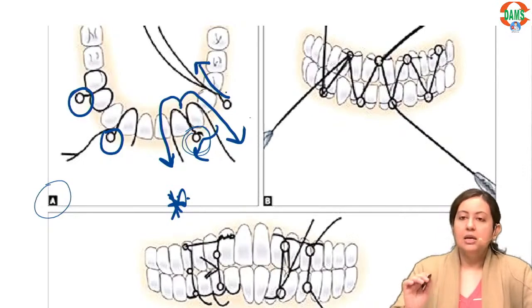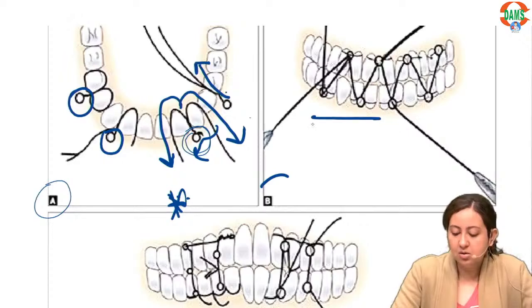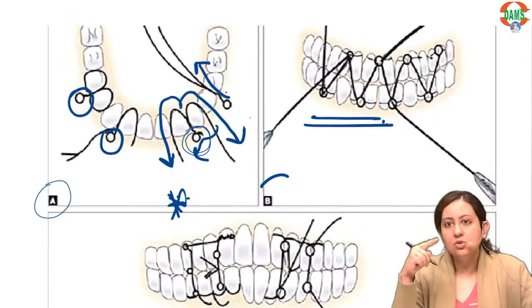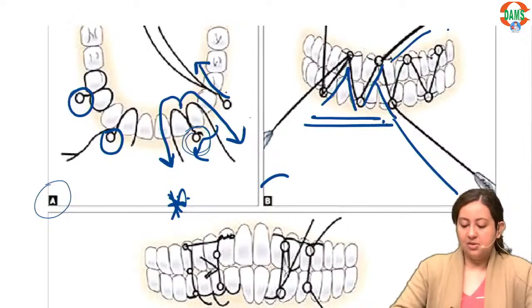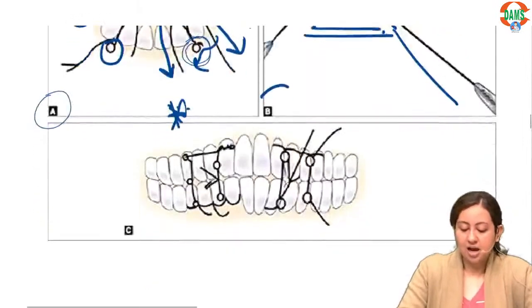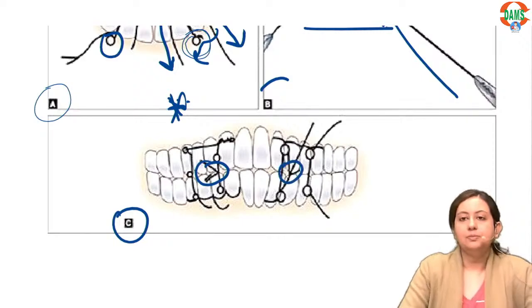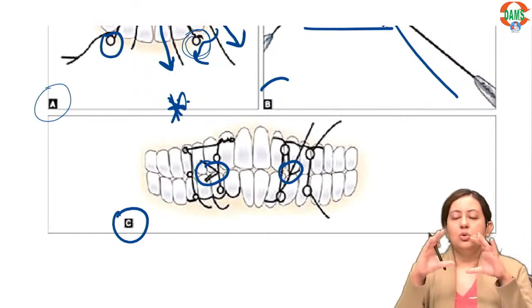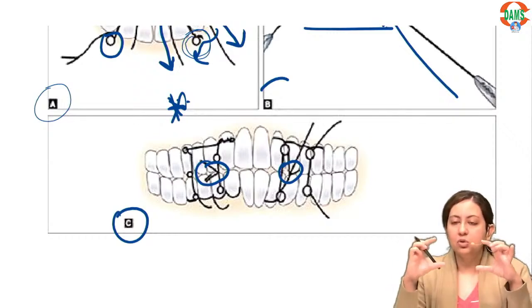Now, what is the use of these eyelets? Like you can see in picture B here, you can introduce your intermaxillary fixation wires through these eyelets and tie them how they have been tied in picture C. So you have given an Ivy eyelet wiring, both upper and lower jaw.